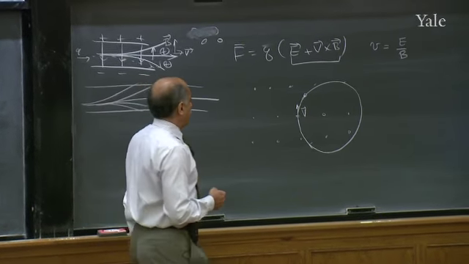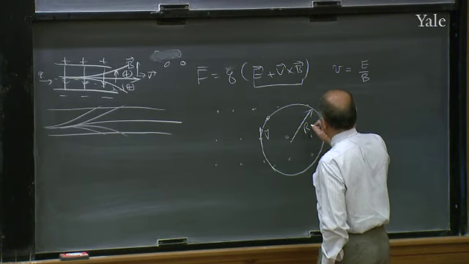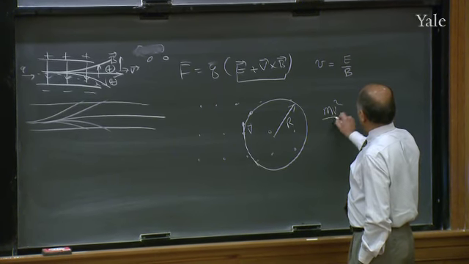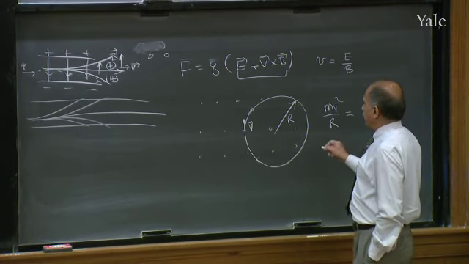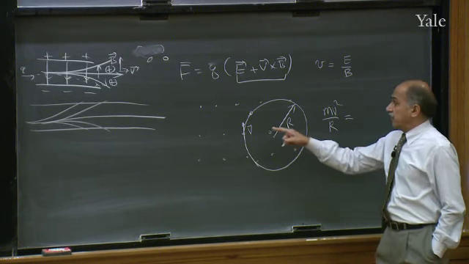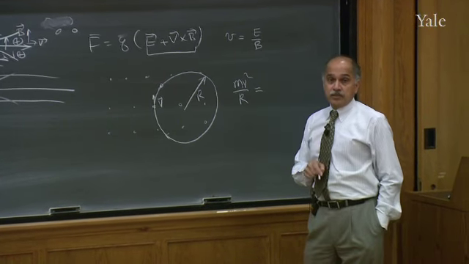So let's find out what we can say about this orbit. If that distance is r, the dynamical equation is mv squared over r, which is the force you need to bend something into a circle of radius r if it's going at speed v. And we can take v to be constant because v is not going to change.